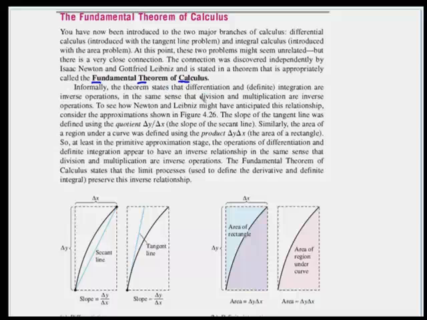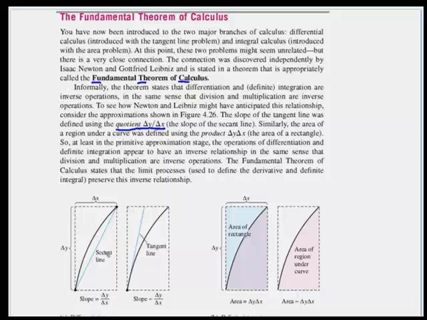Informally, the theorem states that differentiation and definite integration are inverses, in the same sense that division and multiplying are inverse operations. To see how Newton and Leibniz might have anticipated this relationship, consider the approximations shown below in the figure. The slope of the tangent line was defined using the quotient delta y over delta x, or the slope of the secant line.